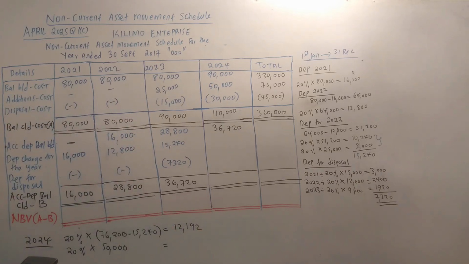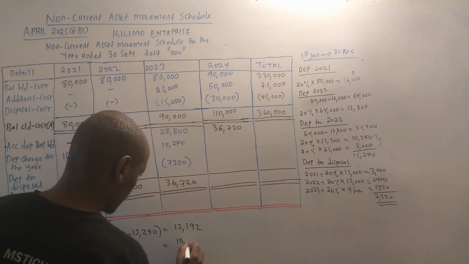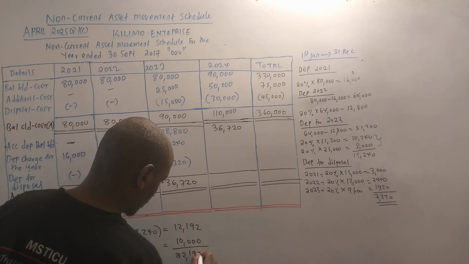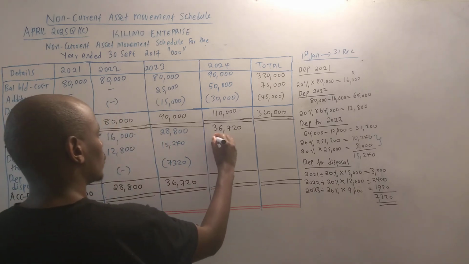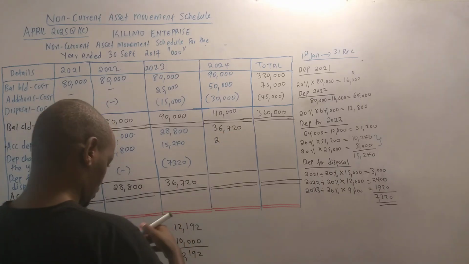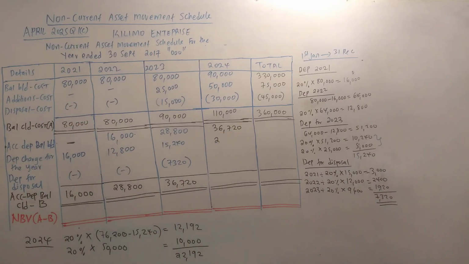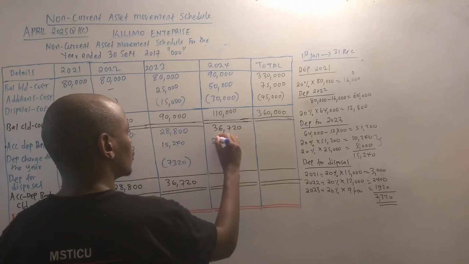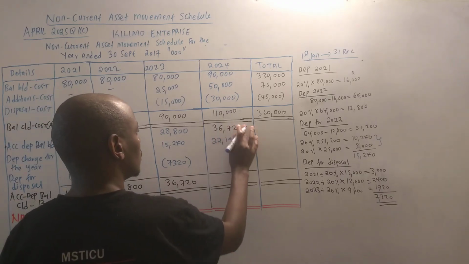Then 0.2 times 50,000, that is 10,000. So that you get 22,192. I could have used a different pen. So 22,192.